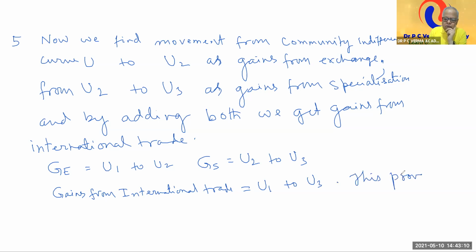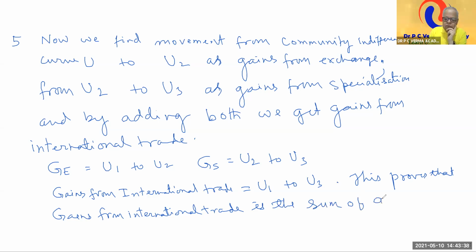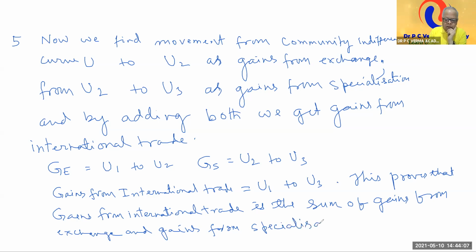This proves that gains from international trade is the sum of gains from exchange and gains from specialization.